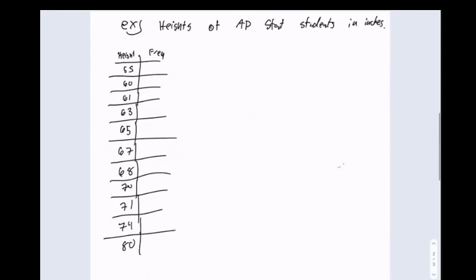Now, how many is that? Is that too tall? It's almost 7 foot tall. We have somebody really tall in the class. Okay.